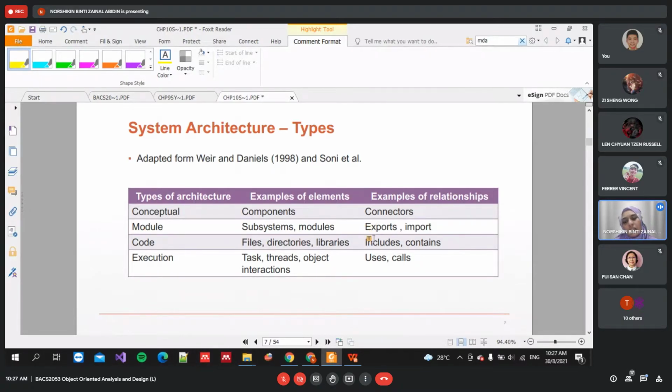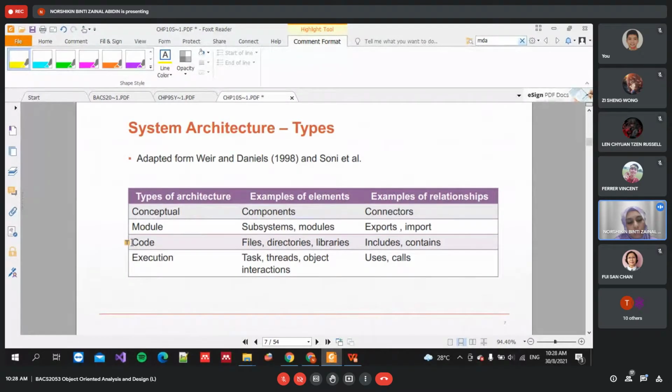And the relationships are export or import. For example, subsystem A or module A may need to export something into another subsystem or module. This is only an example of relationship: export and import.